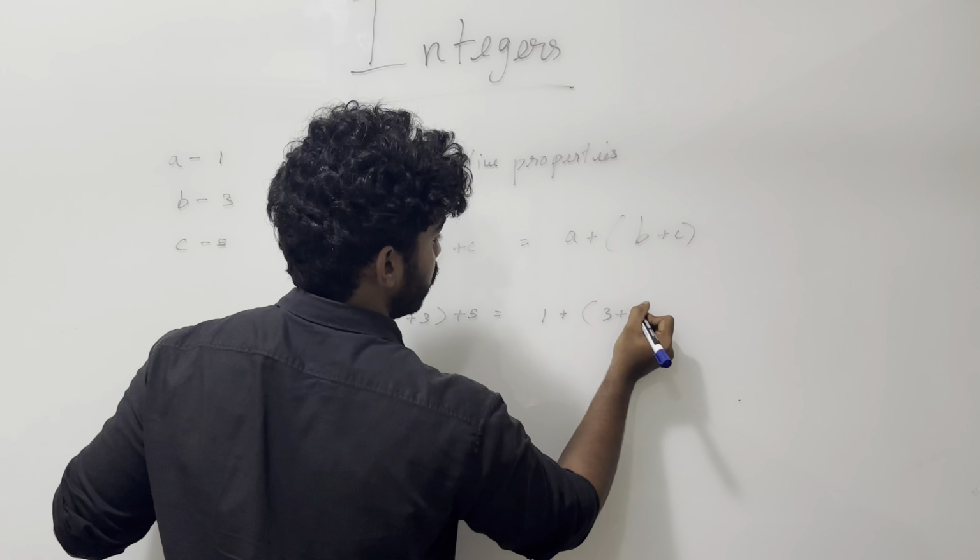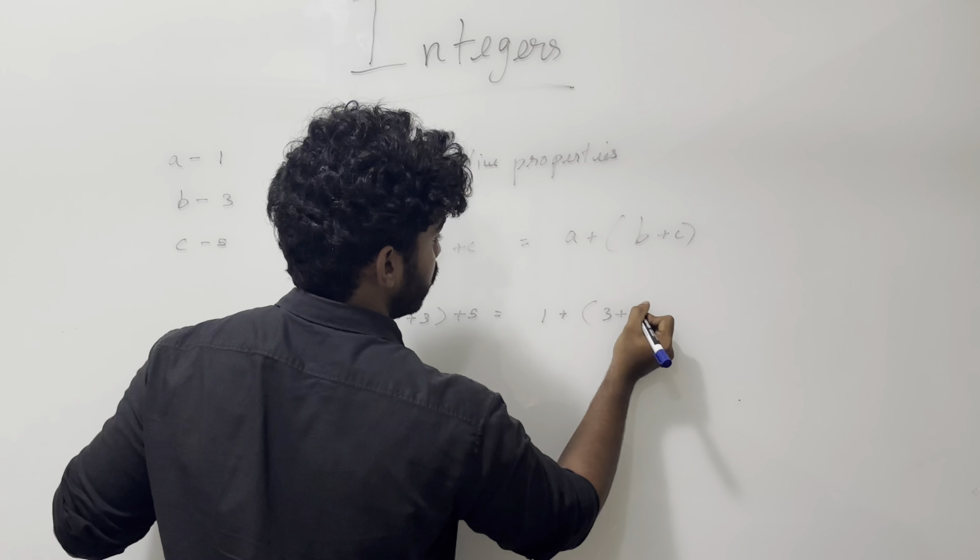But if you take B by A, the answer becomes 4 by 12, which is 1 by 3, which is not an integer. So this proves that division is not commutative.